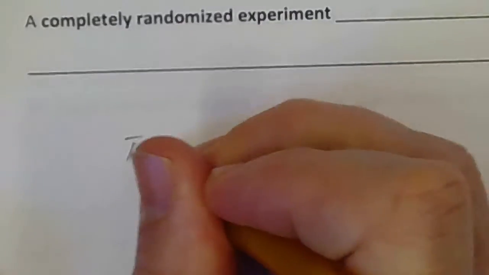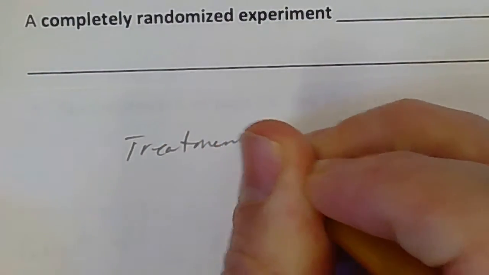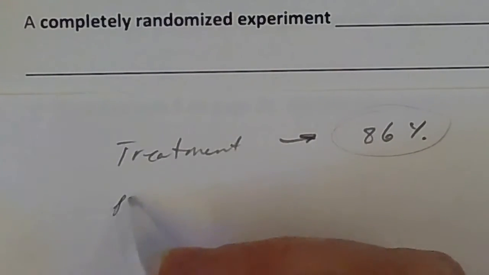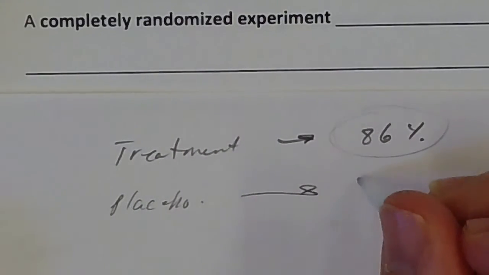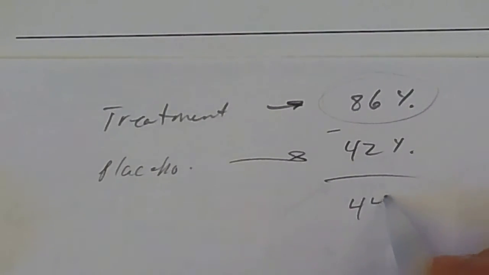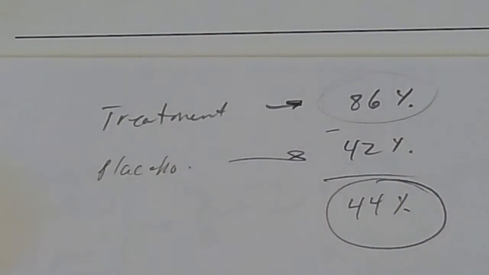So for example, these people that actually got the treatment had a success rate of 86%. Well, we can't attribute all of that success just to the cream. Why? Because the placebo effects accounted for, what was it, 42% of that. So really, we should subtract that difference, and we get a difference of 44%. That's what the real medicine did.